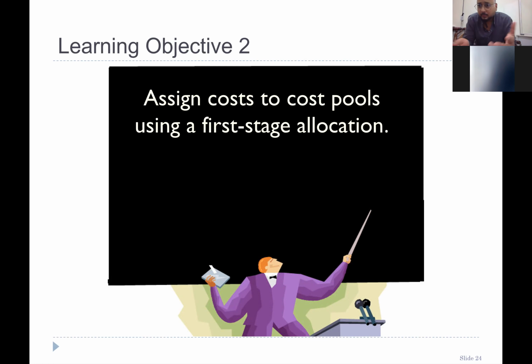So ABC is a totally new concept, and the ABC consultants categorize any cost into 5 activities, whether it is related to batch level, product level, departmental level, organizational level, and sustainability level, right?